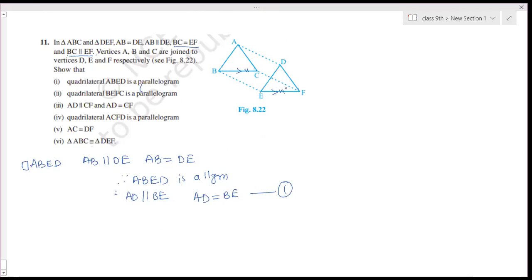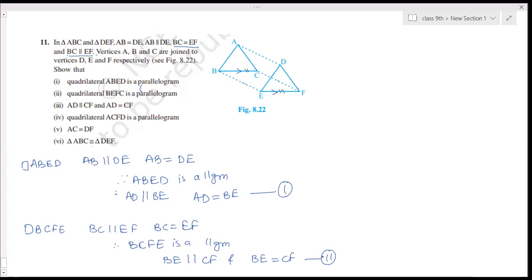So therefore BCFE is a parallelogram and therefore BE is equal to CF as well as BE parallel to CF, by parallelogram property.